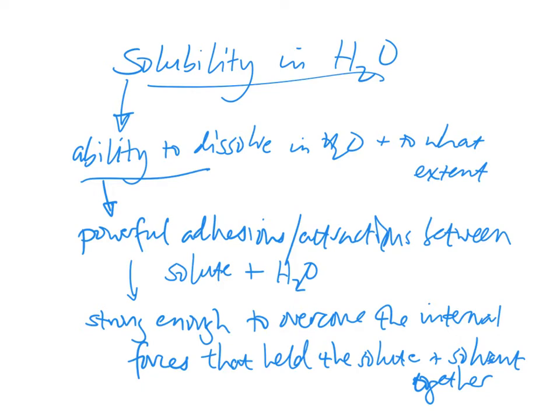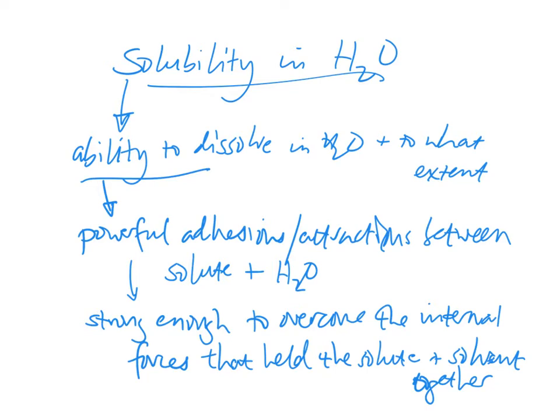Some things are not as dissolvable. So if you think about putting a piece of chalk in water, the piece of chalk really won't dissolve to any great degree. A tiny, tiny bit of it will dissolve, but very little of it will dissolve. And if you drop a chunk of lead into water, none of that dissolves. So there's certainly a range of dissolving from a high degree of solubility to virtually no solubility.